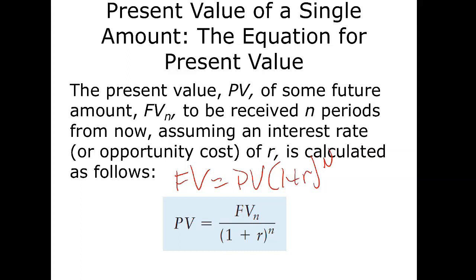So for compounding, finding future values, we're taking the present value and multiplying it by this factor of 1 plus the interest rate raised to the power of n. And for discounting, to compute the present value, we're taking the future value and dividing it by this factor of 1 plus the interest rate raised to the power of n.